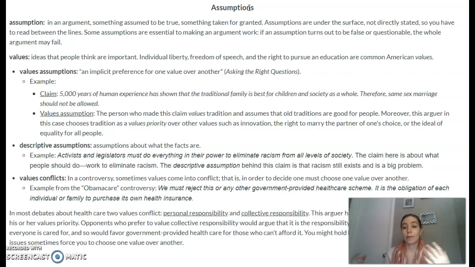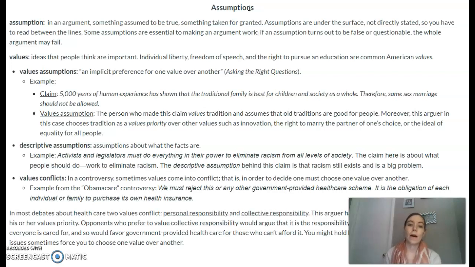Again, it's something that you assume that the person you're talking to, or writing to, or who's reading your essay understands to be true. And so there's two ways that assumptions can lead to conflict. The first is through values, and the second is through facts.